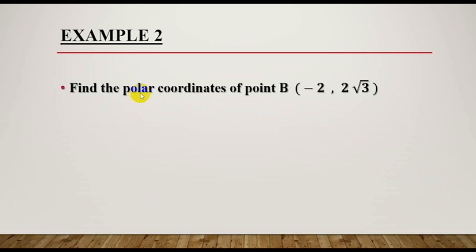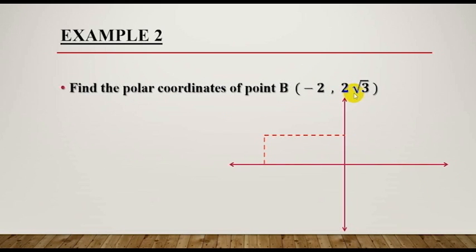That's an easy way. Let's take another example. Here we need to get the polar coordinates of point P, where x equals minus 2 and y equals square root of 3. So I'm going to plot it like that. This is the value of y and this is the value of x.